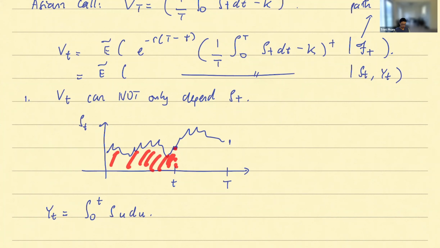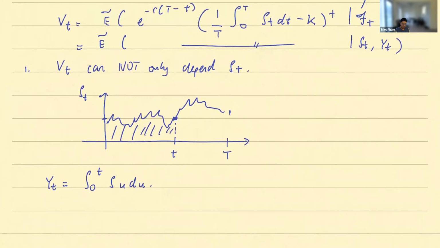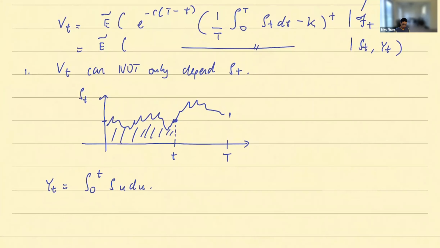So if you are given the stock price at time little t, as well as the area under the curve up to that point, then that's enough. That will be completely enough to capture the option price at that time.